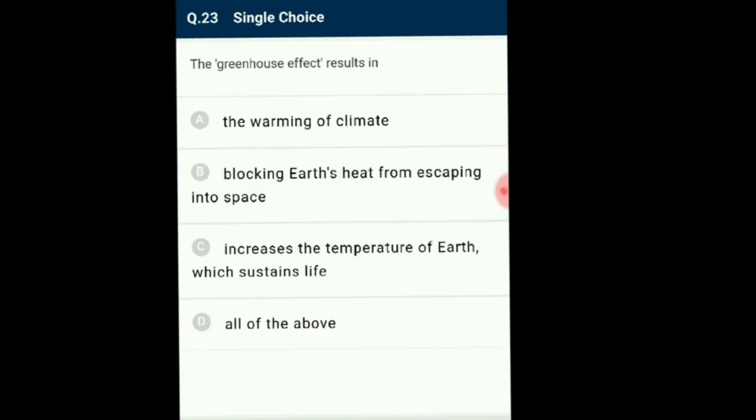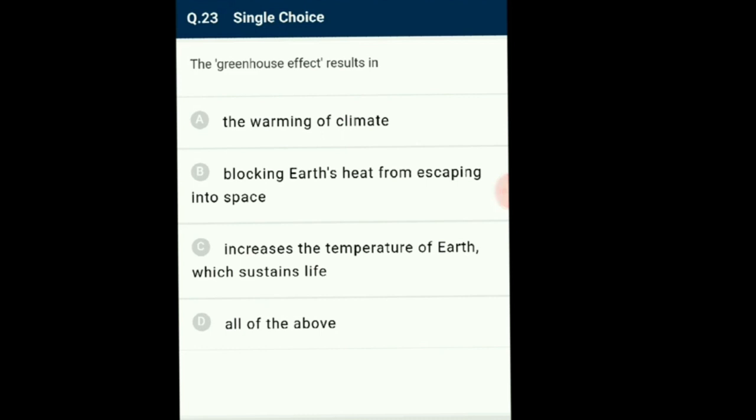Question number 23. The greenhouse effect results in: The greenhouse effect is a warming effect that results when the atmosphere traps heat radiation from earth towards space. When solar radiation falls on the earth, it re-emits heat in the form of infrared radiation.